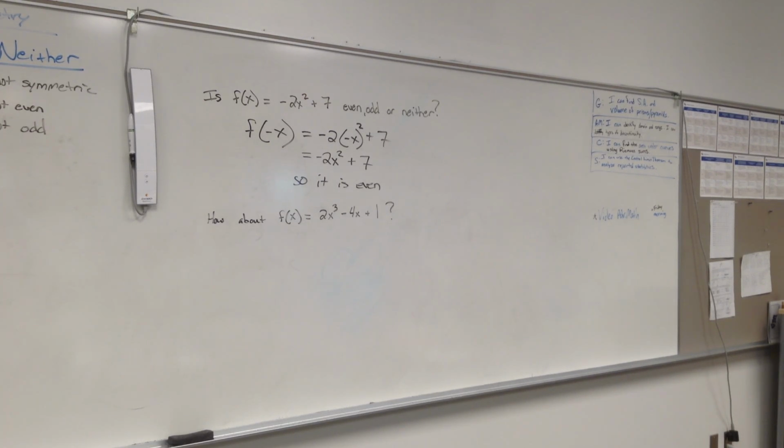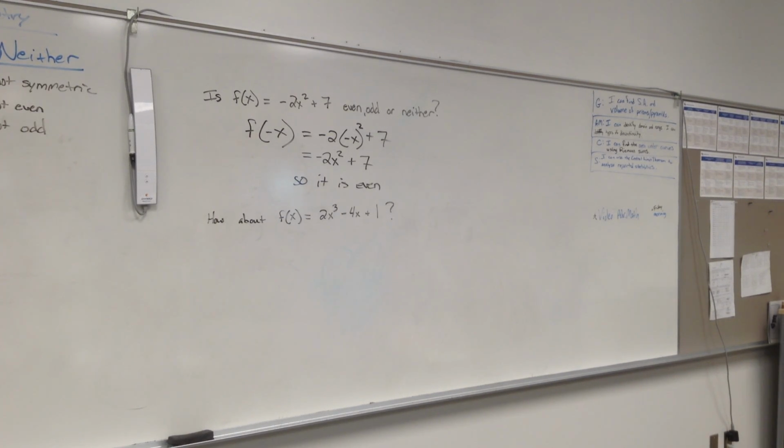F of x is my original function. So it won't be the exact same because it won't have the negative. Somebody help me out? I'm not quite following what you're saying. She's saying, why do you have it equal to f of x? The negative x is what you plug into the function to try to get the original function.